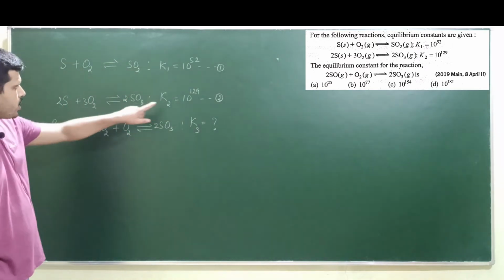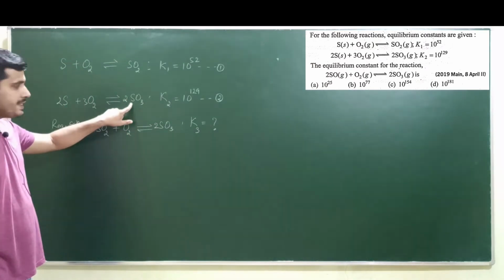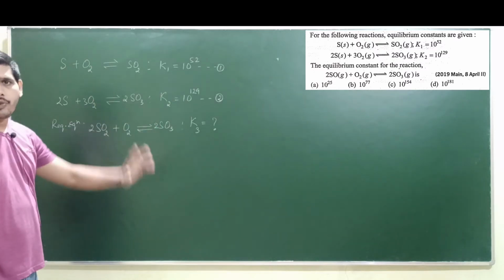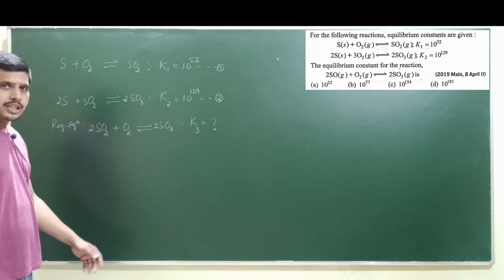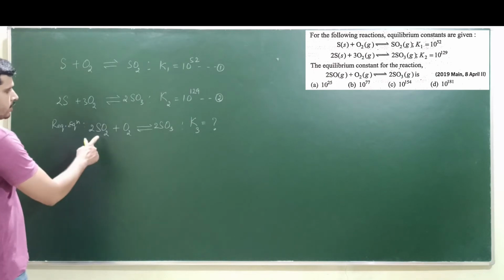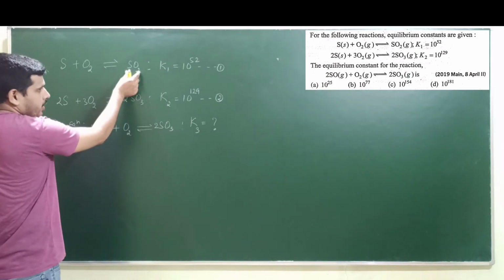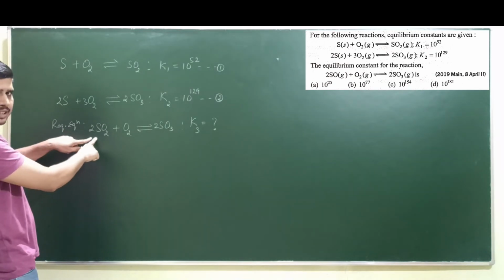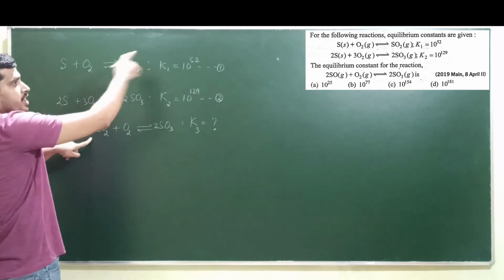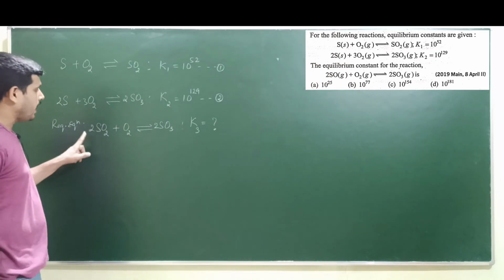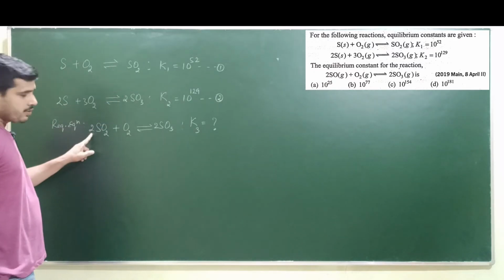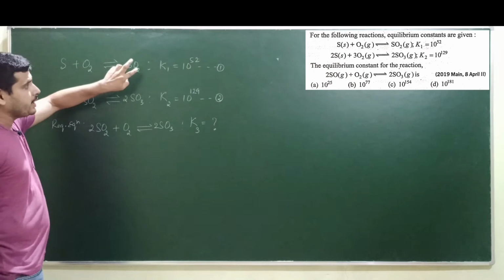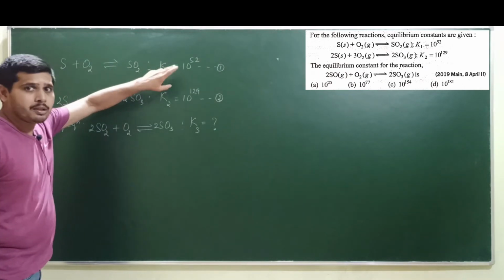Students, remember equation 2 has sulfur trioxide on the right hand side, and here also on the right hand side, so I have to retain equation 2. I should not change anything with respect to equation 2. What about equation 1? Sulfur dioxide is a product in equation 1, but in the required equation it is present as a reactant, so I have to reverse equation 1. Not only that, there are 2 moles of sulfur dioxide in the required equation, here only 1, therefore I have to multiply equation 1 by 2.